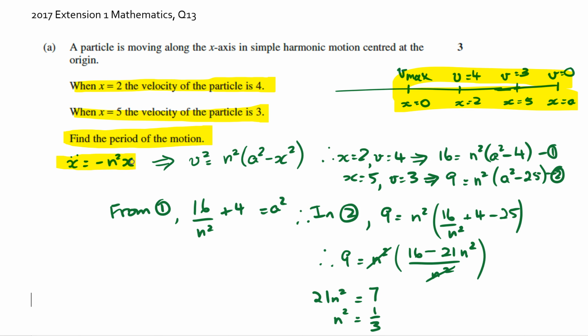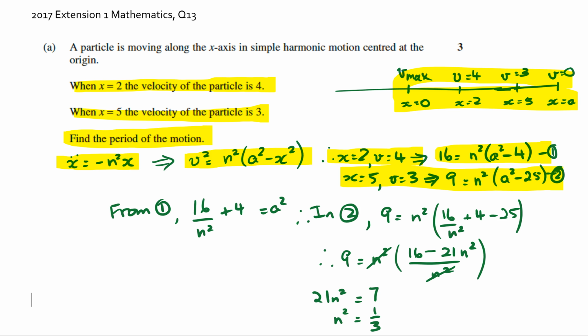So if we start from our position-dependent equation for acceleration, we know that we could derive this by integration, and then we substitute in what we've got. So we have those two values, plug those in. Now that gives us two unknowns, so then we've got our second set of data, so two equations, two unknowns.